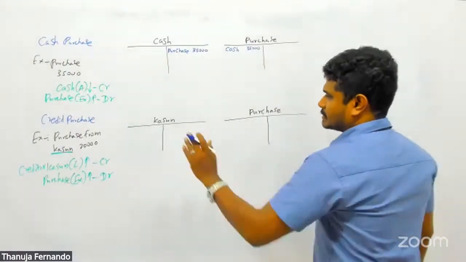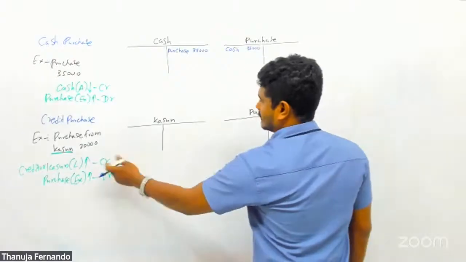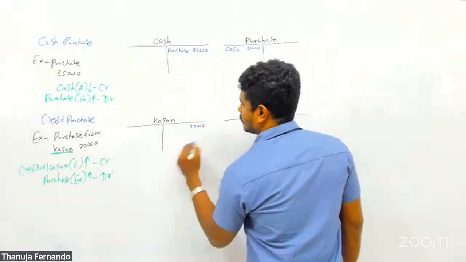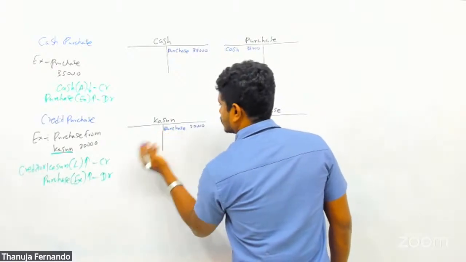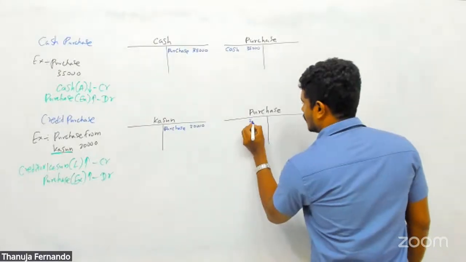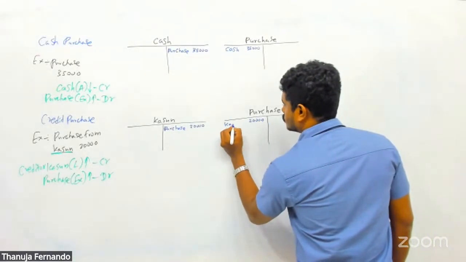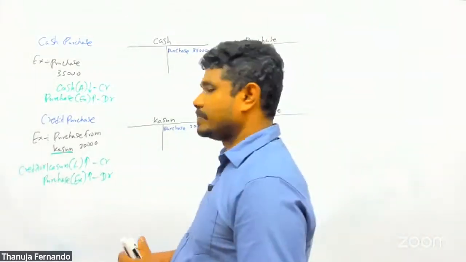In the credit purchase, Kasun's account credit, 20,000 credit, description as purchase. And purchase account debit, 20,000, description as Kasun, right? This is how we record a credit purchase, right?